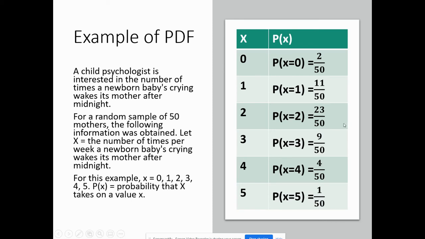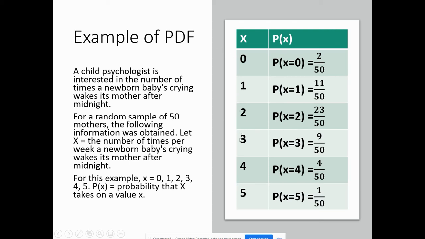The 23 over 50 means 23 of the babies woke their moms up 2 nights. And here, 9 of the babies woke their moms up 3 nights, 4 woke their moms up 4 nights, and 1 woke their moms up all 5 nights. So that's what that means. Again, the 2 over 50 means 2 babies out of the 50 babies didn't wake up at all.